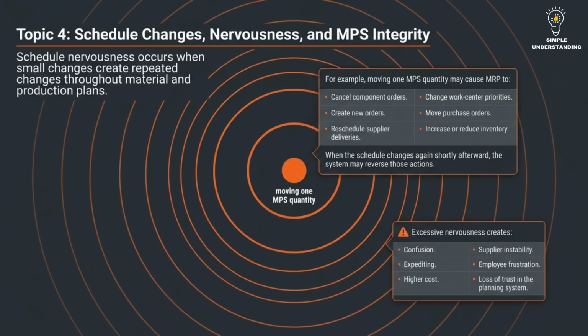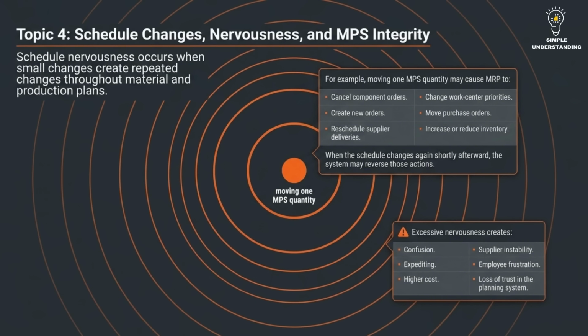Topic 4. Schedule changes, nervousness, and MPS integrity. Schedule nervousness occurs when small changes create repeated changes throughout material and production plans. For example, moving one MPS quantity may cause MRP to cancel component orders, create new orders, reschedule supplier deliveries, change work center priorities, move purchase orders, increase or reduce inventory.